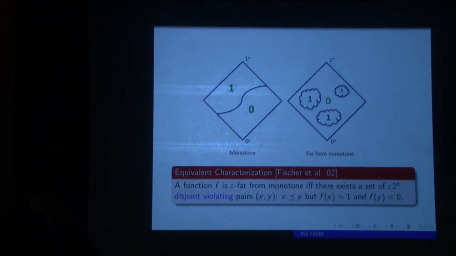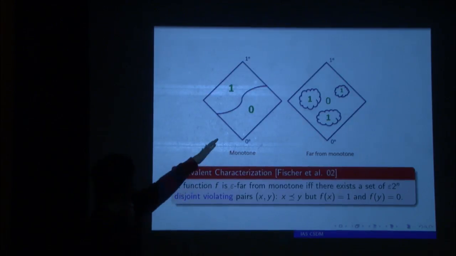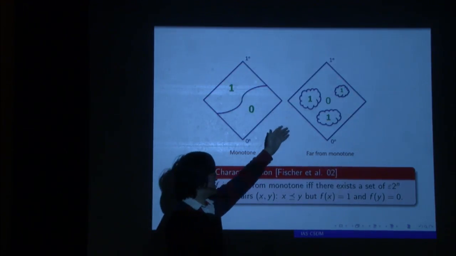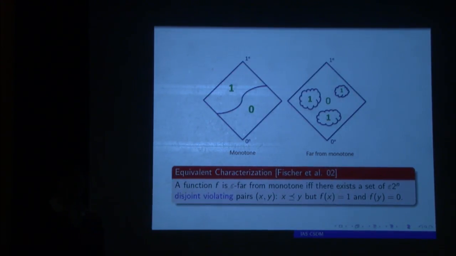Before going to review the results, here are 2 very simple facts that may help you understand the problem a little bit better. The first one is a characterization of the distance to monotonicity. This is a typical monotone function. And for a function far from monotone, you may have all these zeros and ones kind of mixed.